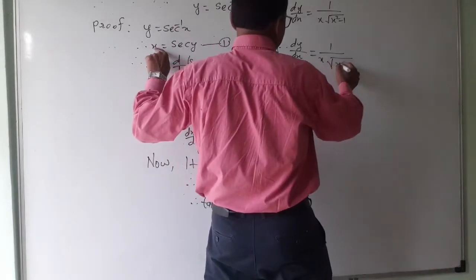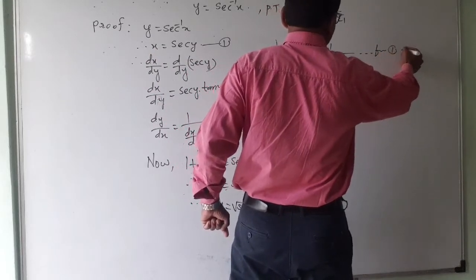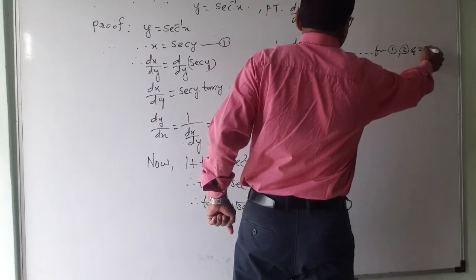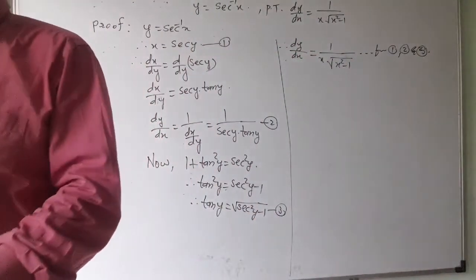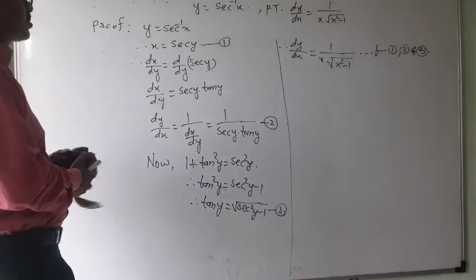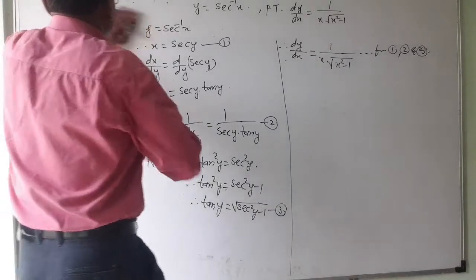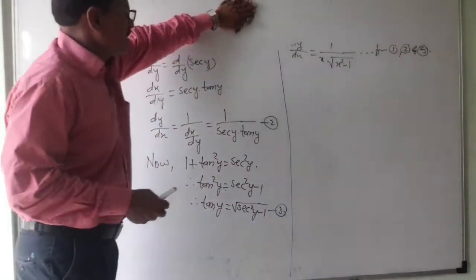So x square minus 1, from 1, 2 and 3. This will systematically give the proof so that the examiner will give proper marks at the proper steps. So here I will stop these proofs. Some other things we will go for.